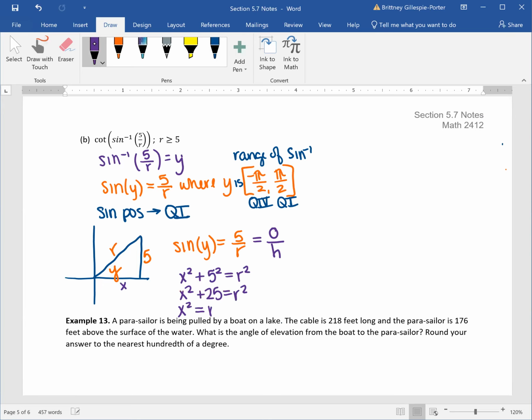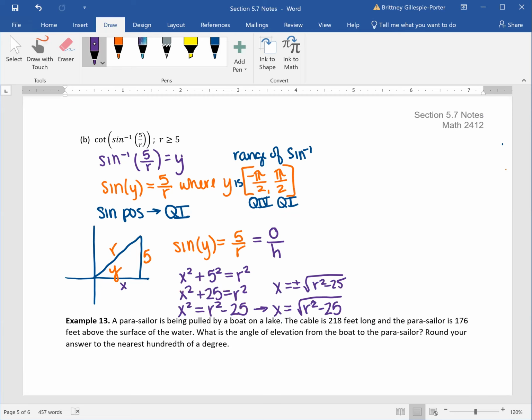Subtract the 25 from both sides because we're solving for x. When we take the square root, we're going to keep the positive because here x is going to be positive because we're in Q1. So what I did, we had the plus or minus, but we only need the positive here.